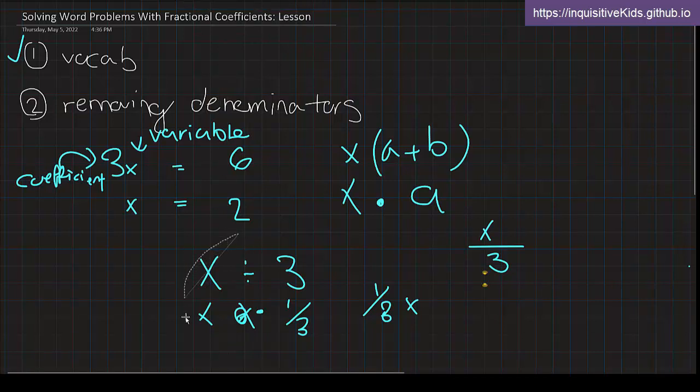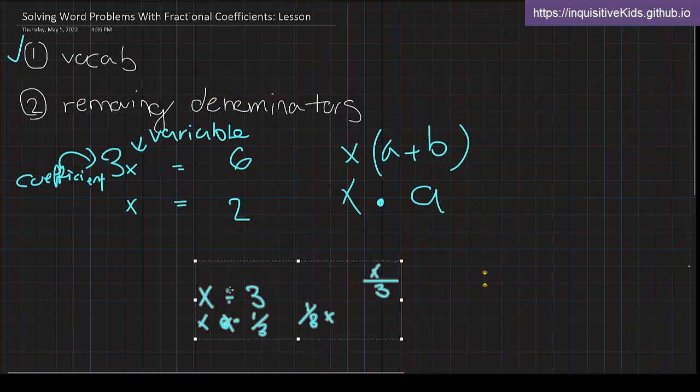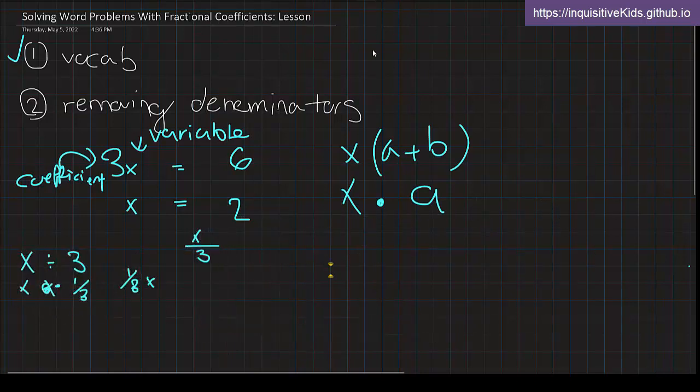Okay, and then right here, we have removing denominators, and this is more zooming into fractional coefficients. Removing denominators. So what does that mean? Let's have an equation here: x divided by 3 equals 6.